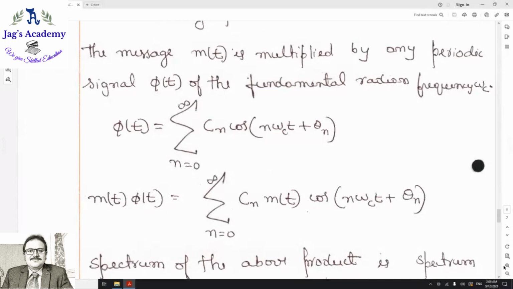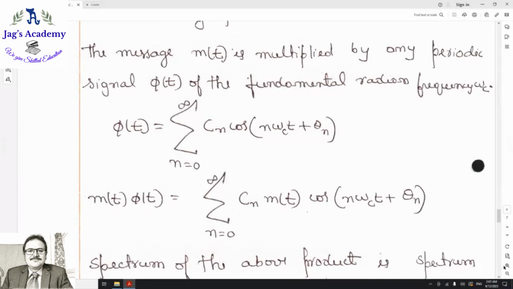Why is the Fourier series representation there? If you want to mathematically write your periodic wave, the only way to represent it is the Fourier series. That's why I am writing the periodic signal, phi of t, in the form of a Fourier series. Now I said it is possible to generate a double sideband suppressed carrier wave.